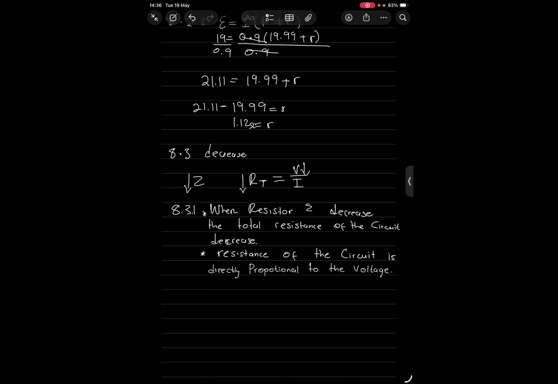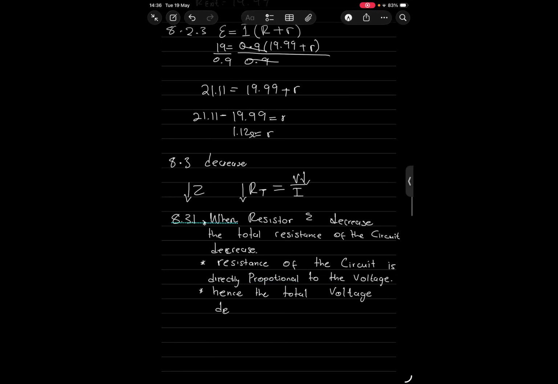Hence, the total voltage, which is the potential difference, will decrease.